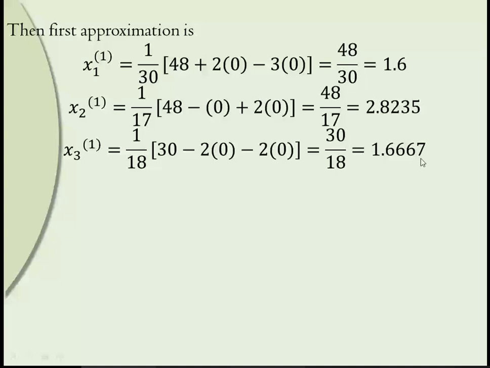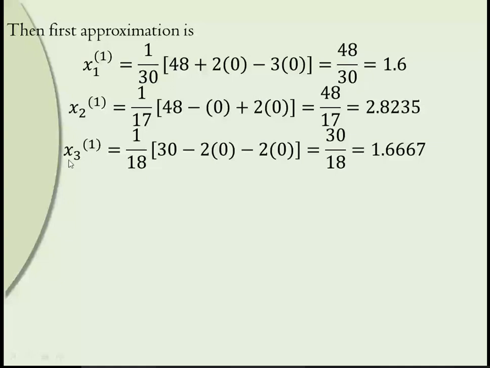And the first iteration for x3 is 1.6667. Now, what to do? Put these values of x1, x2, x3 into the right-hand side of the equations we just got for x1, x2, x3, and get the new values for x1, x2, x3. That will be the second approximation, or second iteration.